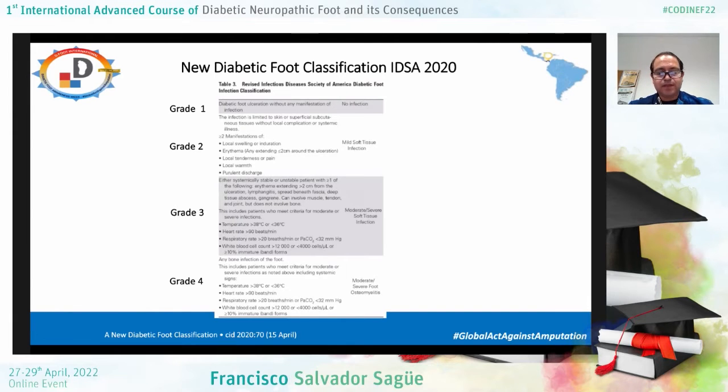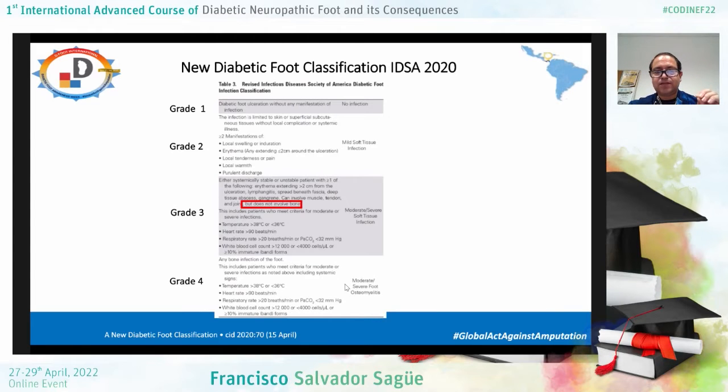In 2020, the Infectious Diseases Society of America reclassified diabetic foot infection according to evolution. Osteomyelitis was included as the element to change the prognosis of the lesion.